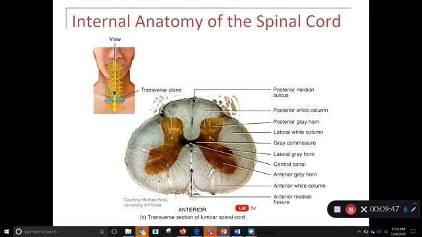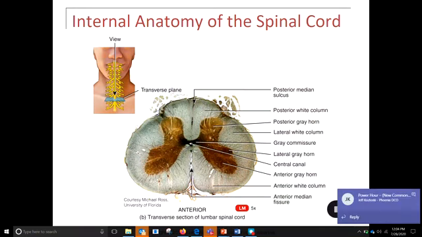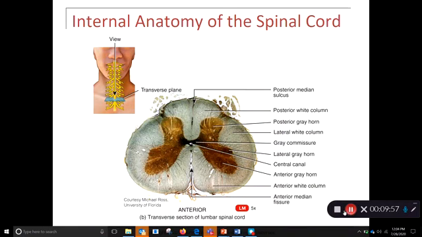So front butterfly going anteriorly, back butterfly going posteriorly. Sensory neurons coming in from the back, motor neurons going out the front.